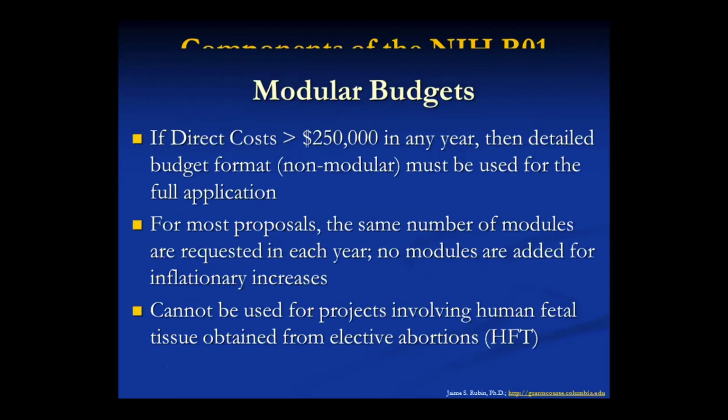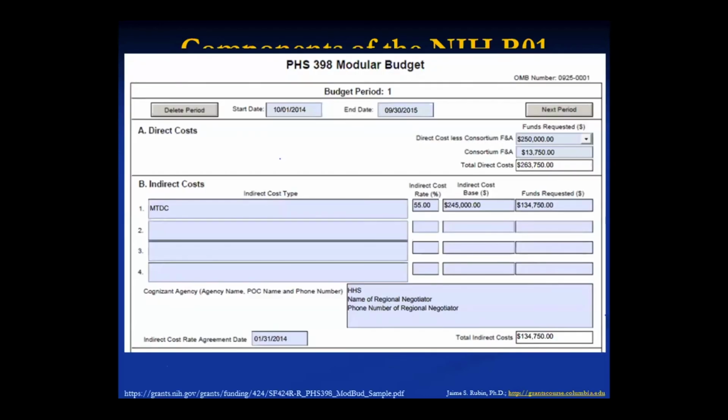If any year goes over $250,000, then you can't use the modular budget. Many junior investigators, especially basic science or translational investigators, use the modular budget for their first R01, though it's not a requirement. So you can see the budget page is much simpler here.